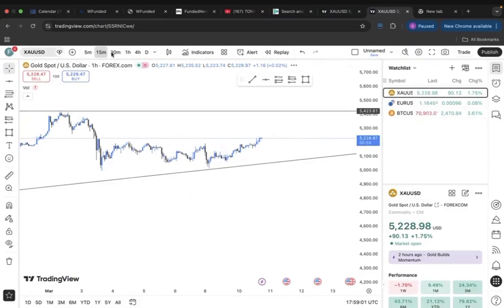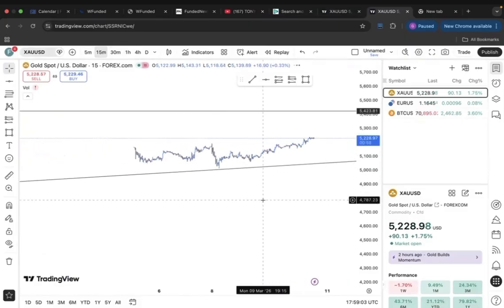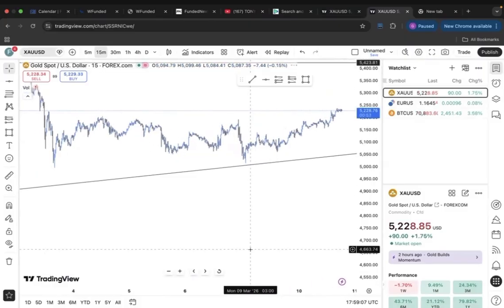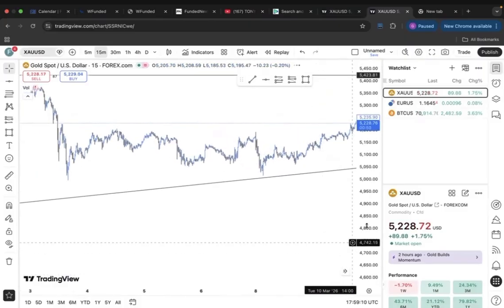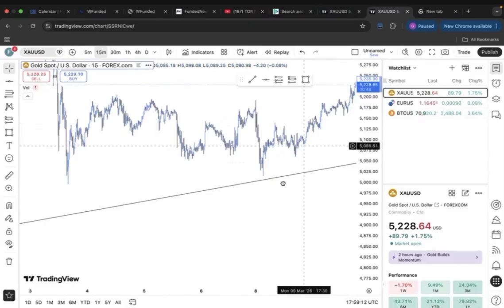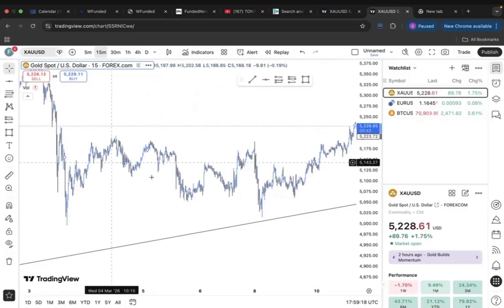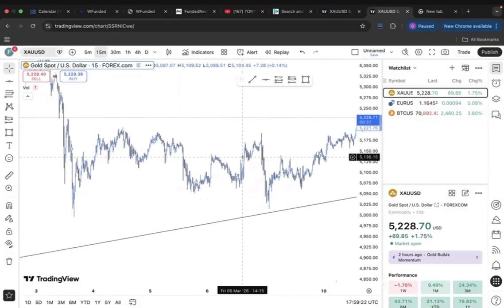All right. And let's go to 15 minutes and see the structure of the market. So if you observe, the market was in a bearish movement before, and we have a recent lower high there.